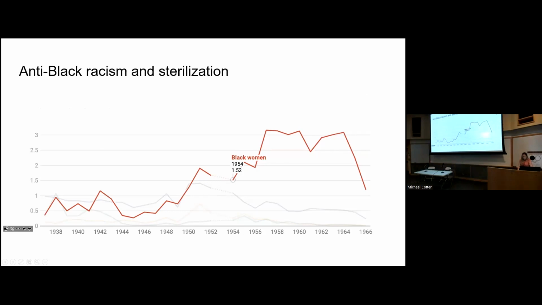Schools and hospitals were segregated by race, but integration threatened to break down Jim Crow apartheid. From 1950 to 1966, Black women were sterilized at more than 3 times the rate of white women and more than 12 times the rate of white men. And then, unfortunately, in the 1960s and 70s, federal programs like Medicaid also started funding non-consensual sterilizations.